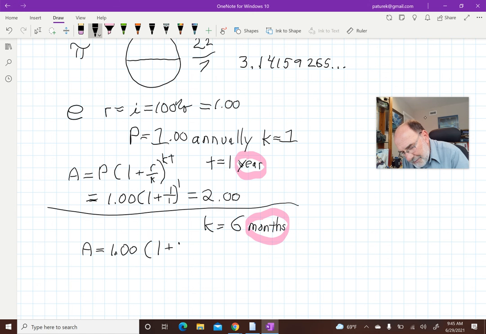So this is really going to be 0.5 now. But the period of time over which it becomes compounded is also now half a year.